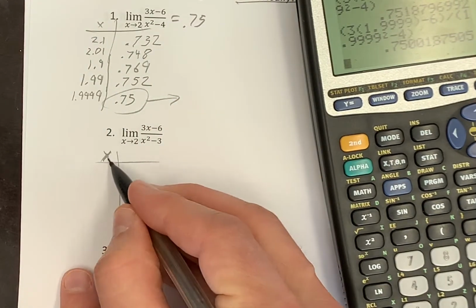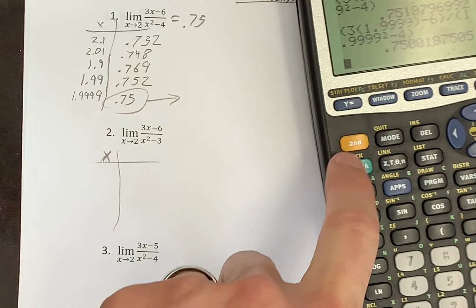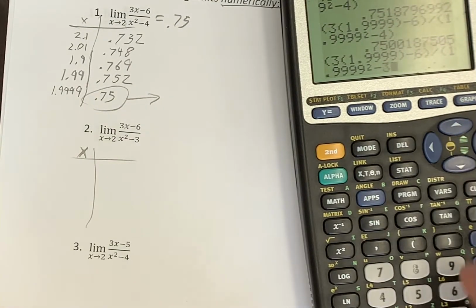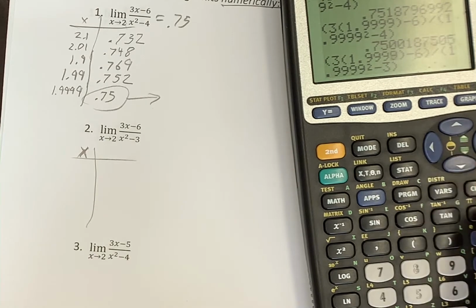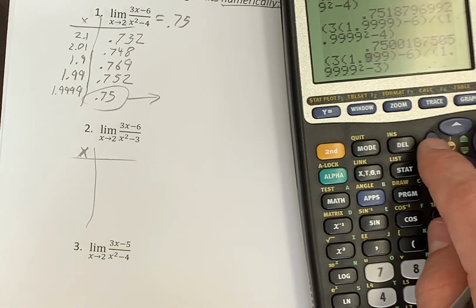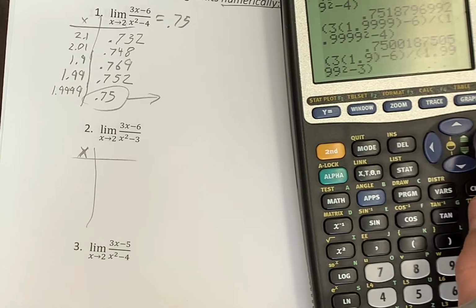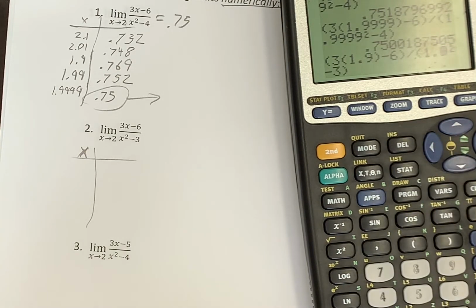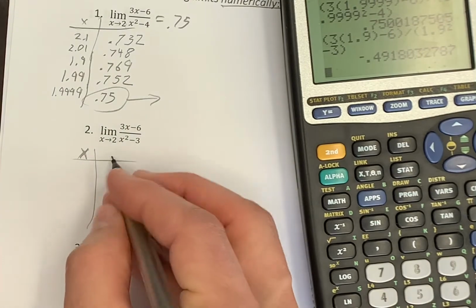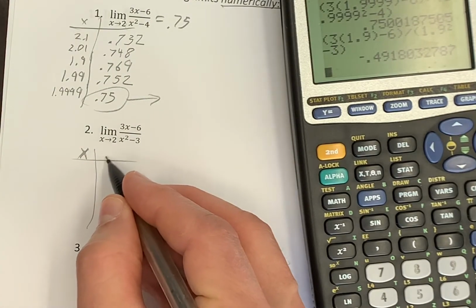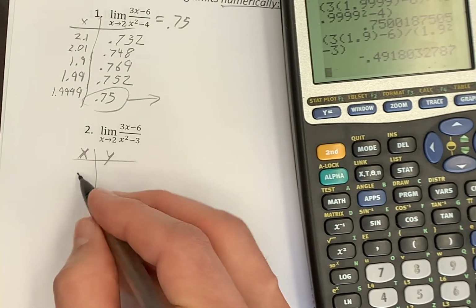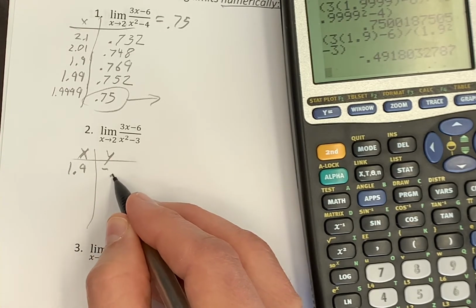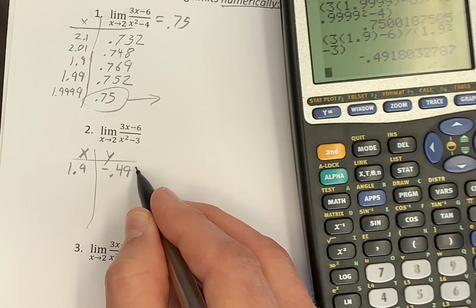Well, what about this? The only difference is a 3 in the denominator. So let's go back up here, and instead of this, I'm going to put in a 3. And as long as I'm on the smaller side, let's start with 1.9. Okay, so turns out, if this was my y values, at 1.9 it's negative 0.492.